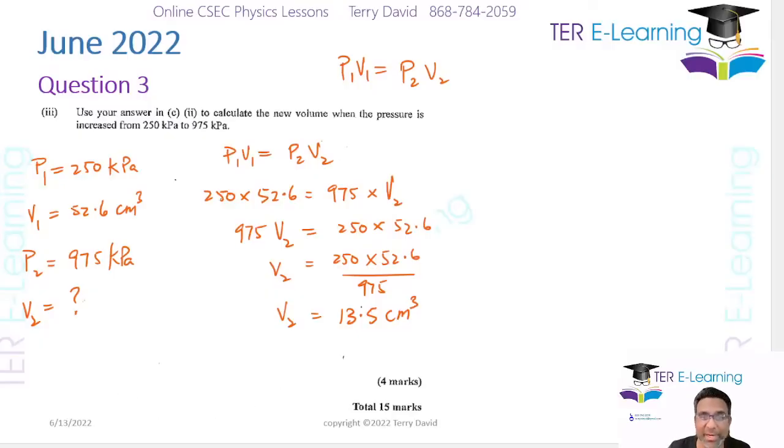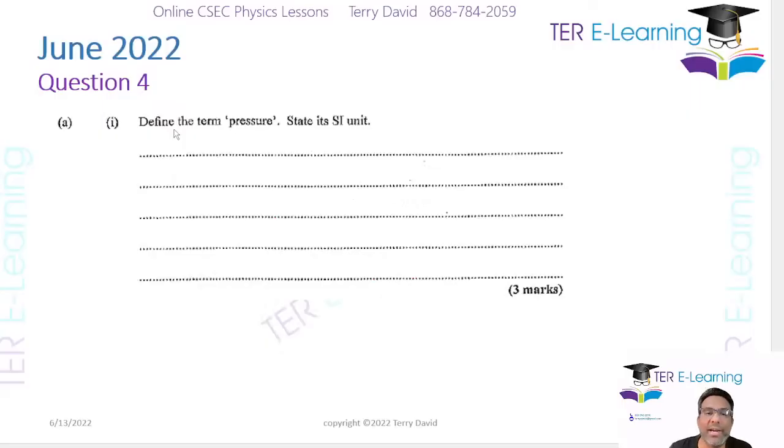Moving on, right? Define the term pressure. So pressure. So this is a question some people said they had trouble with. Pressure is the force acting normally per unit area.